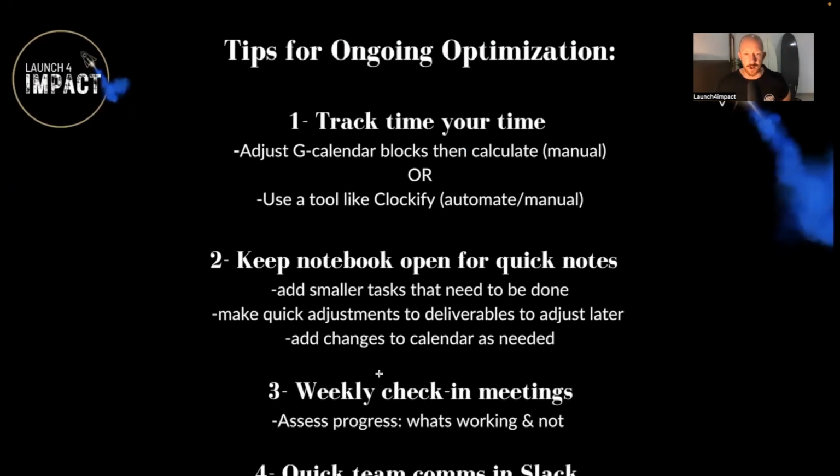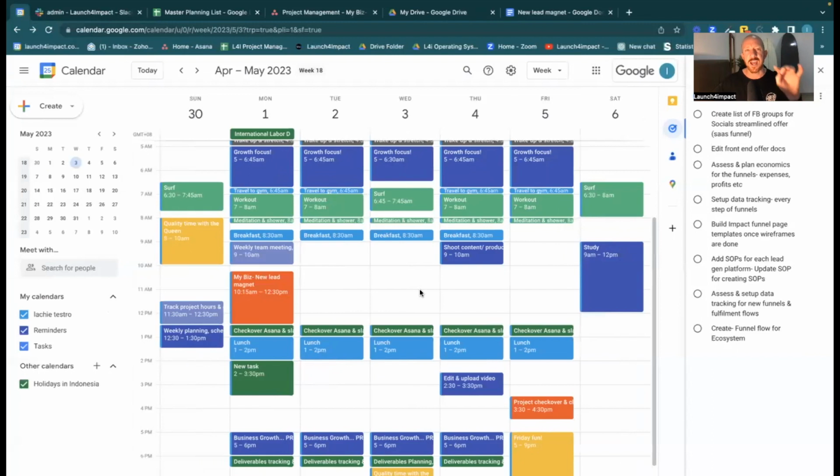So we've also got the weekly check-ins, and another tip is just using Slack for quick communications. Now, there's often misunderstandings around Asana and Slack, when to use which, but the most effective way that I've found to use Slack, and of course it depends on the size of your company, if there's only 2 of you, then it might not be necessary, is for quick communications, like you would use WhatsApp or something like that.